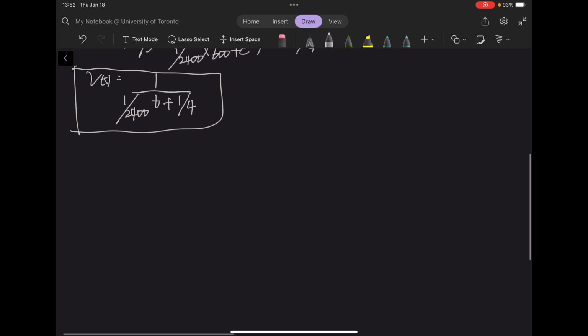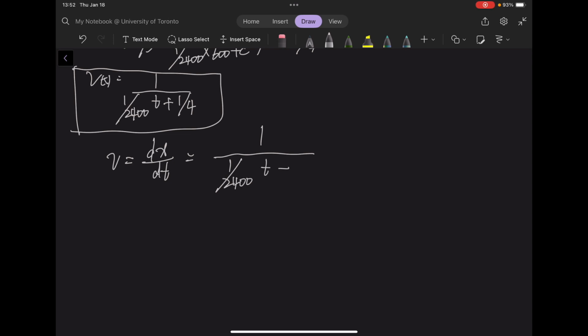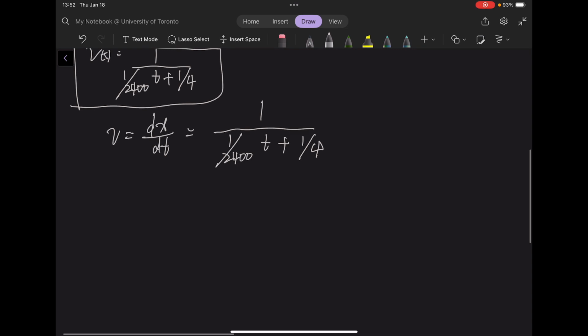And after that, we can start from the definition of velocity. Put it in, and we could take an integral of it.